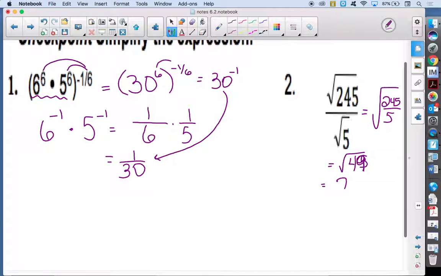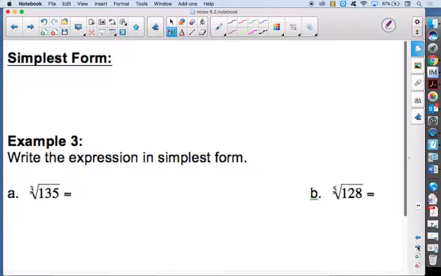All right, so I want to do 2 more problems at the bottom of the page. We'll look at A and B here. If something's in simplest form, that means whatever's underneath the nth root of A cannot be broken down any further. That means there's not a perfect square or a perfect root left in the problem.